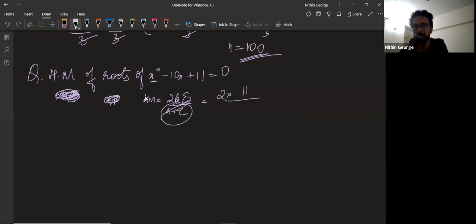Product of the roots is 11, sum of the roots is 10, and your answer is 11 by 5. Understood what we did here? Yes, sir. If you remember the formula, you will instantly recognize AC, A plus C, sum of the roots, product of the roots. Bring that in, and there you have your answer.